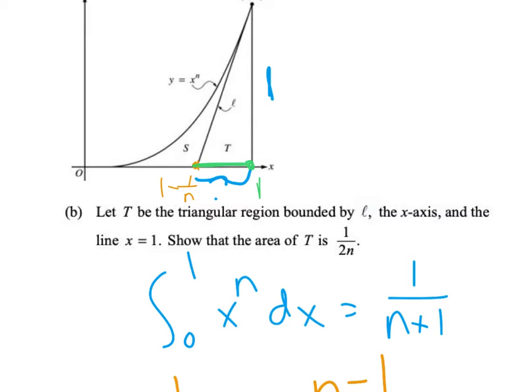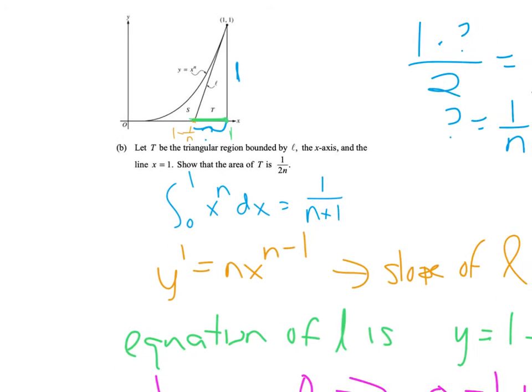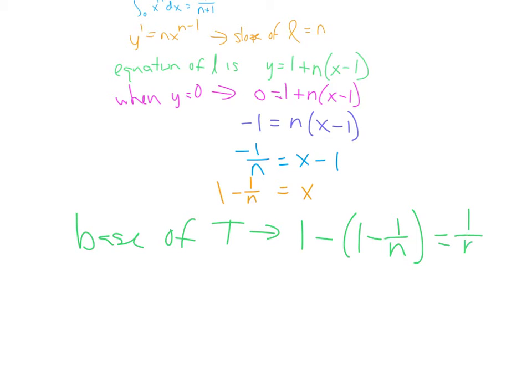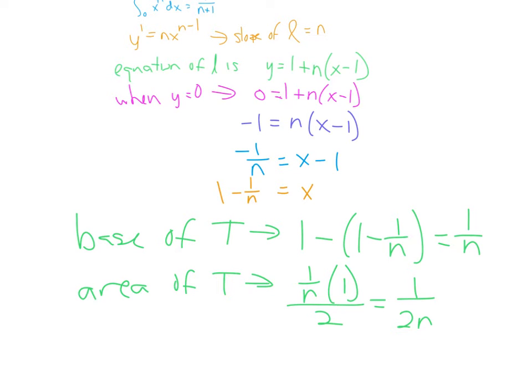So that means the distance there, the base of T, is 1 minus (1 minus 1 over n), which equals 1 over n. So area of T is 1 over n times 1 divided by 2, which is 1 over 2n. And I have done what I have been asked to do. So I didn't need to use the 1 over n plus 1 that was the first thing that popped to my mind. But I'm guessing that those two are going to come into play.